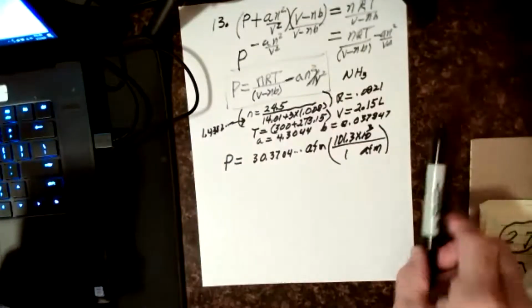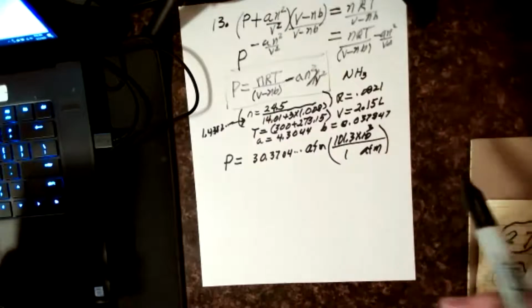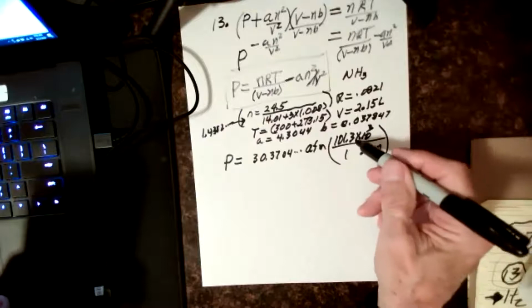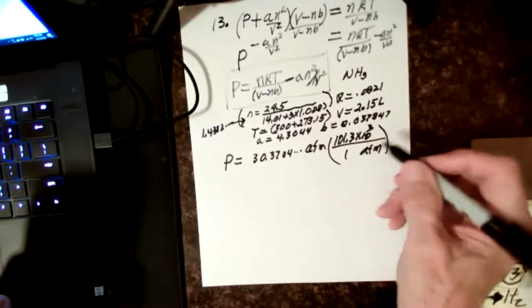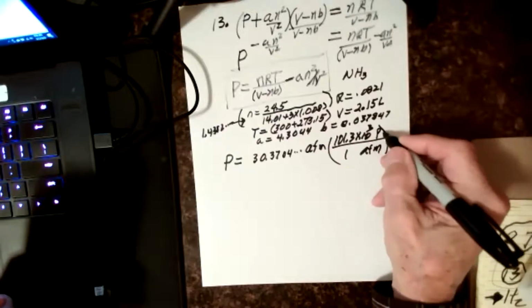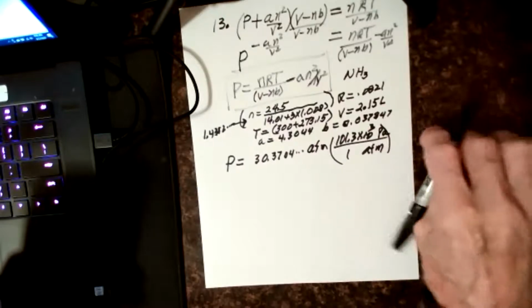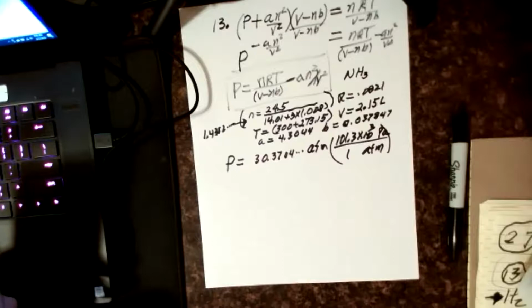Okay, so I got 30.370778 atmospheres. I'm going to multiply that by 101.3 times 10 to the third pascals, 101.3 kilopascals. And so I'm going to multiply that by 101.3 with an exponent of 3.